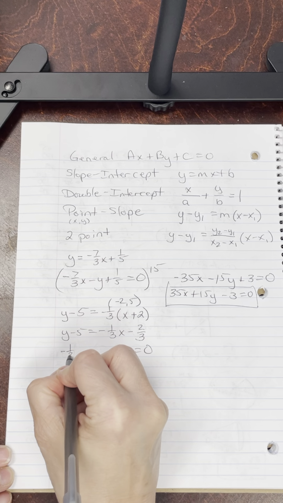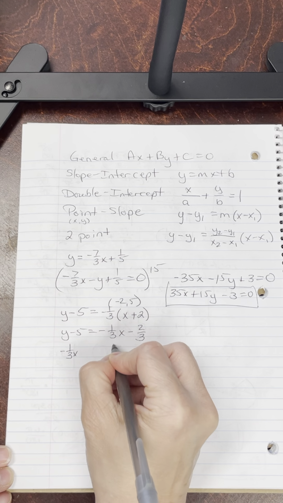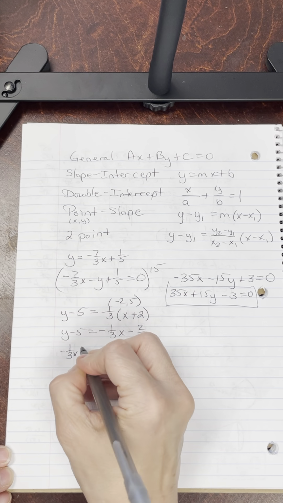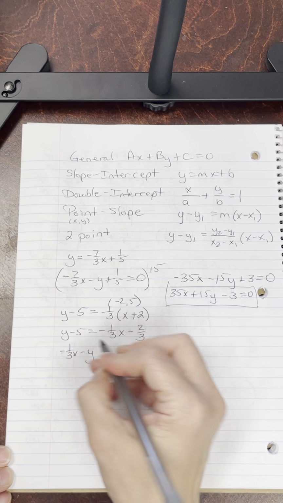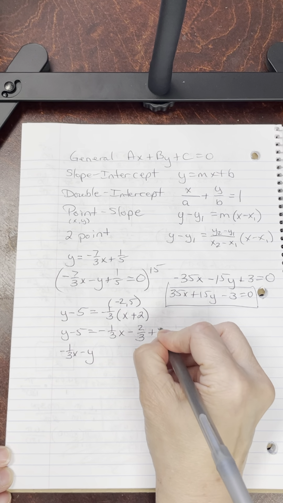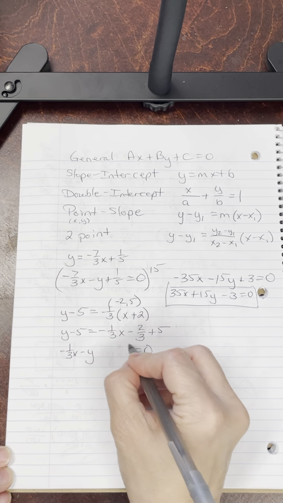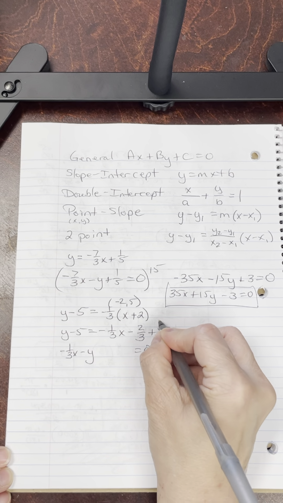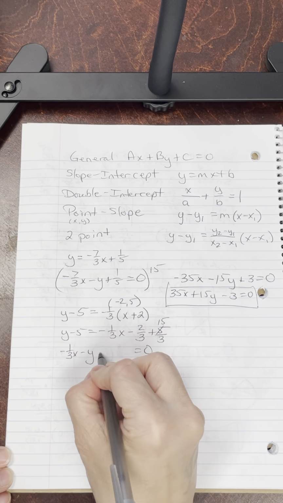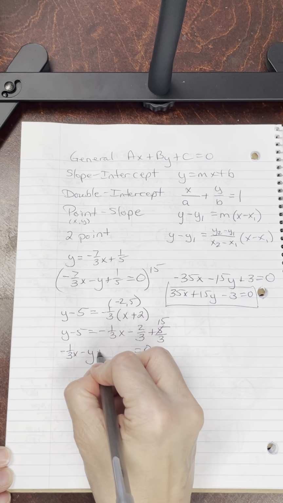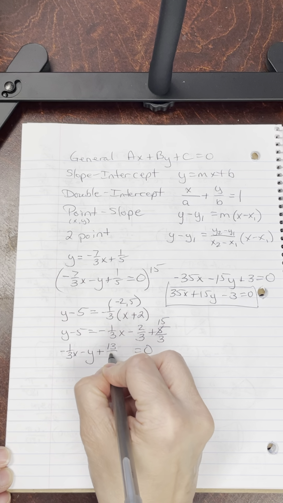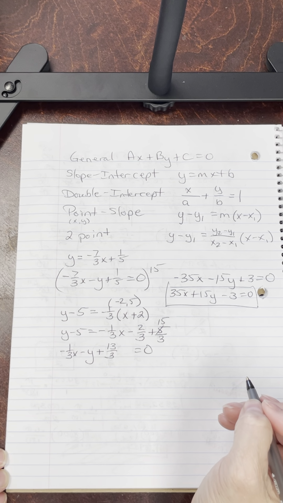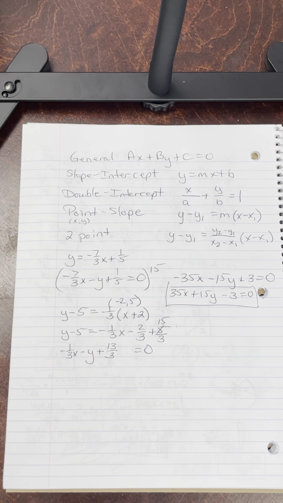My minus 1/3 x didn't move, it's still on this side, minus the y because I did move it, plus the 5, because I am moving it, needs to combine with this like term, so the common denominator is 3. So then negative 2 plus 15, so positive 13 thirds equals the 0, okay?